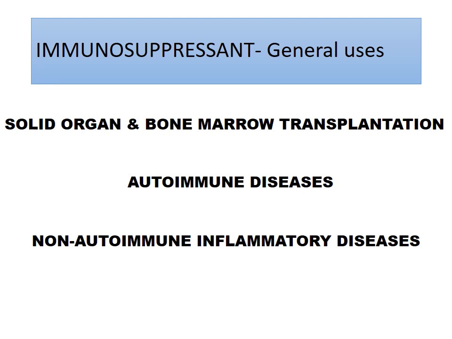The second use of immunosuppression drugs is in autoimmune diseases. Examples are rheumatoid arthritis, multiple sclerosis, myasthenia gravis, SLE, systemic lupus erythematosus, Crohn's disease, ulcerative colitis, etc. They are also used in non-autoimmune inflammatory disease.